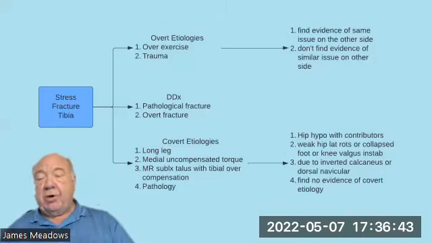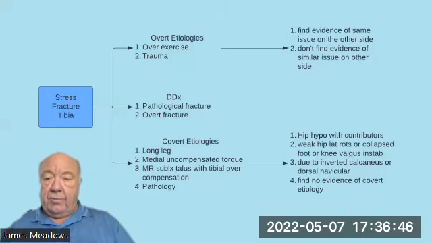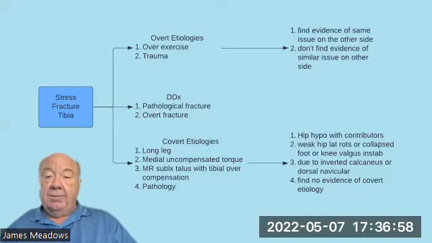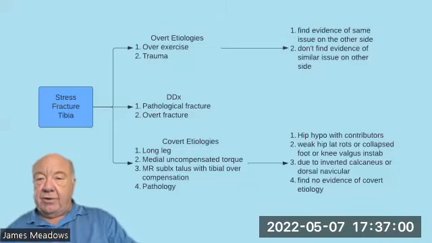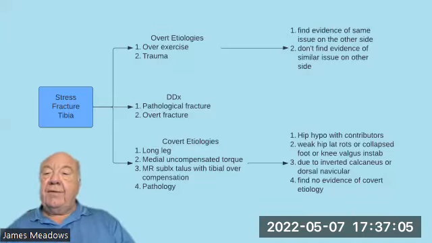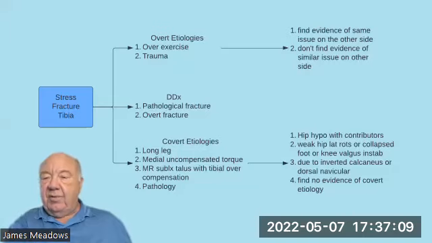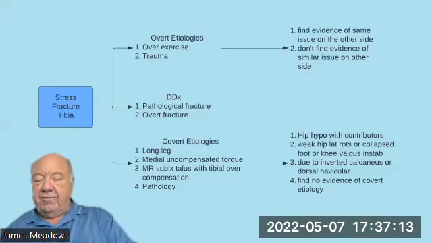If this is simple over exercise, then that bone should be breaking down on both sides. One becomes symptomatic, but the other one should be breaking down to the point where palpation for tenderness, stressing it, and so on can bring that pain on. If it doesn't, then you have to start thinking about other things. If it's trauma, then you won't find evidence of the same problem on the other side.